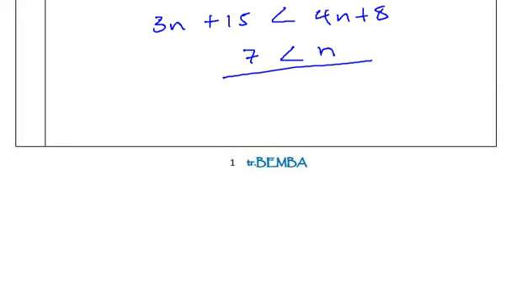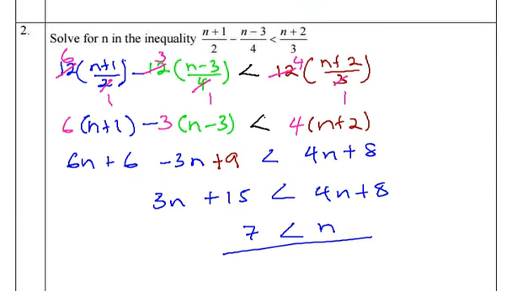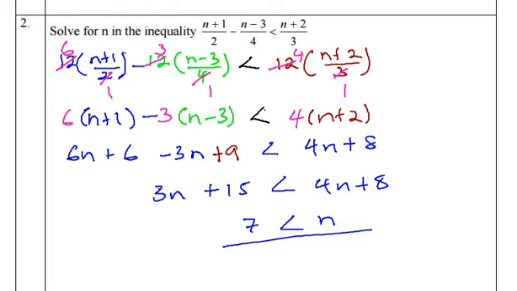Question 2, here we are. We are being told to solve that inequality, this inequation here. When we look at it, we see we have denominators, and it's not easy to deal with fractions. So the first thing to think about is getting the LCM of 2, 4, and 3, which I know you're good at doing.